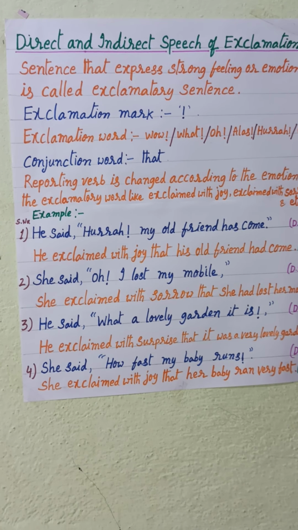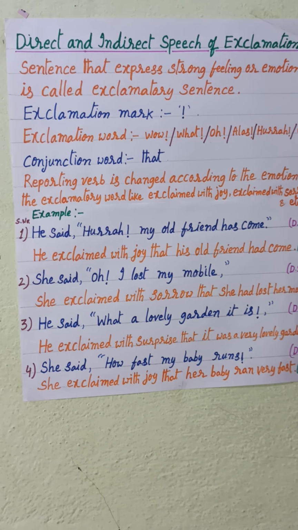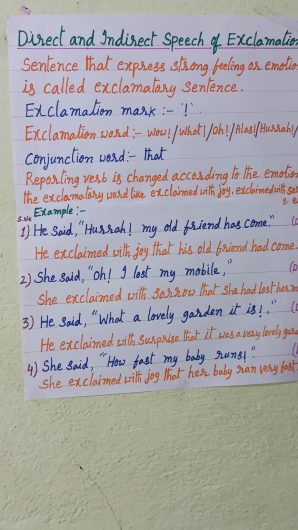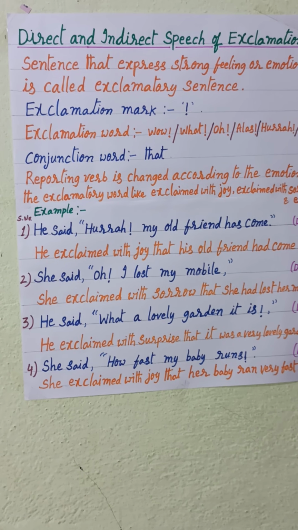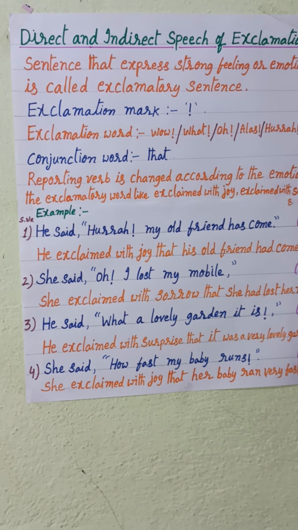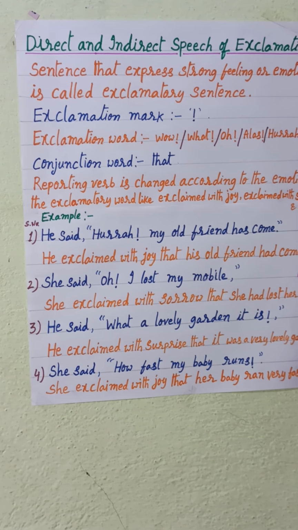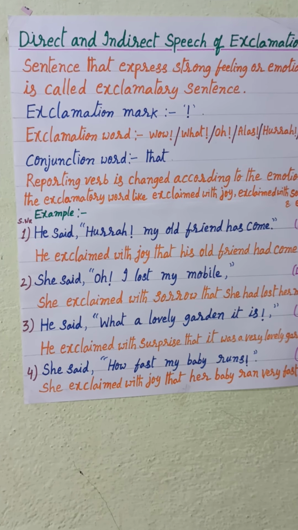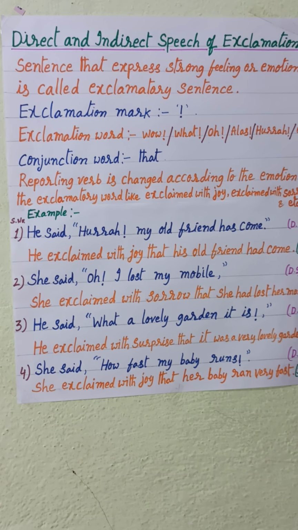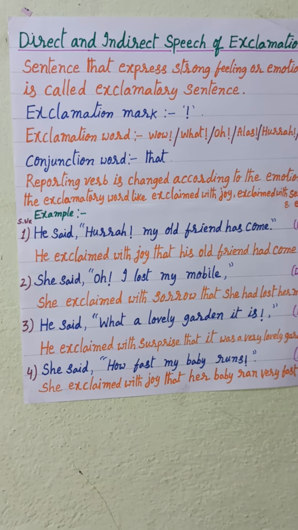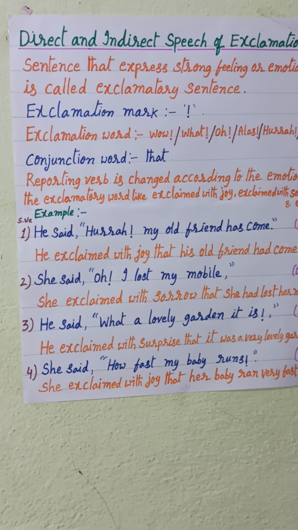Now we are going to learn about direct and indirect speech of exclamation. A sentence that expresses strong feeling or emotion is called an exclamatory sentence.